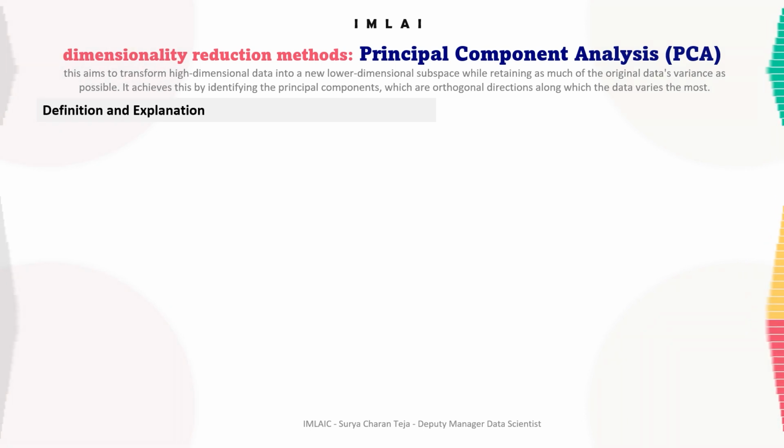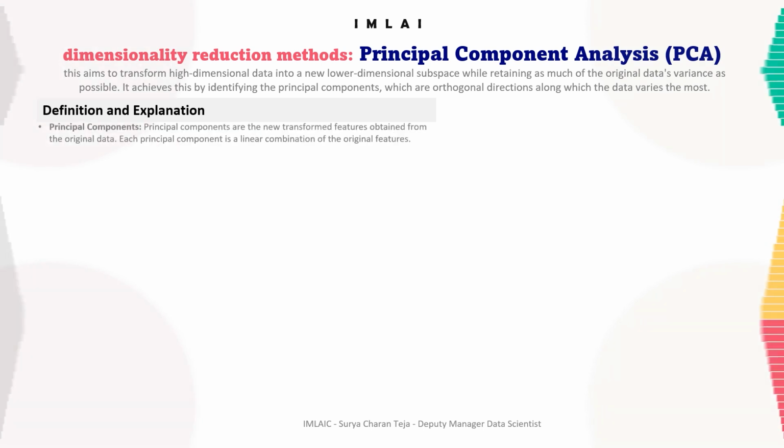So a principal component is nothing but the new transformed features obtained from the original data. Each principal component is a linear combination of the original features. This is what a principal component is. Another key concept is variance.